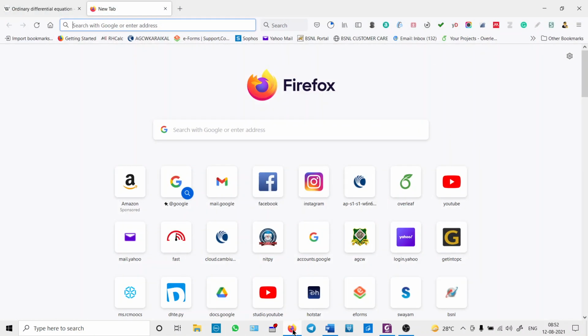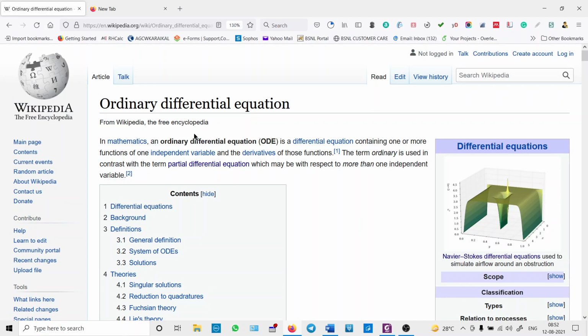I will show the definitions. You can refer to this video also. You can learn the definition from anywhere, that's not a problem. In the examination, you have to write the definition correctly, but you can write from any source.